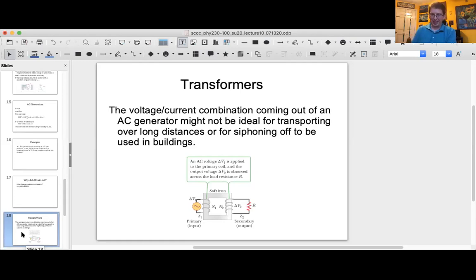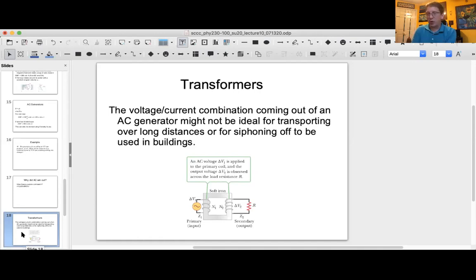So what happens? Well, remember, iron takes on the magnetic field of whatever magnetic field is influencing it. So you have the input wire with a certain amount of current that's going to affect the magnetic field inside the iron.